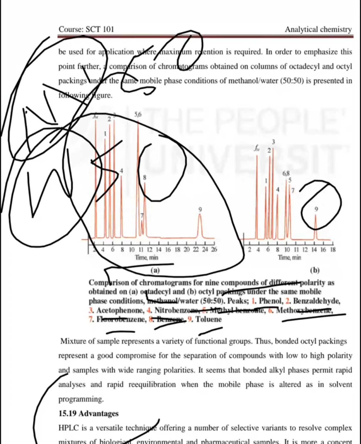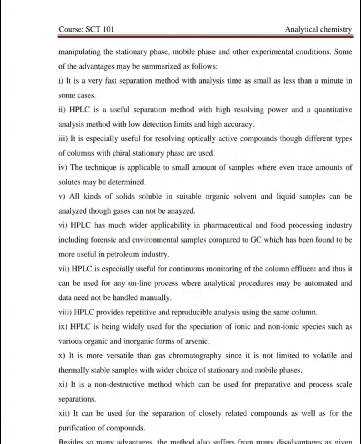And next are the advantages of HPLC. What are the advantages? It can separate very fast, within a minute. It is useful as a separation method with high resolving power. Quantitative analysis can also be done, and it is especially used for resolving optically active compounds through types of columns.